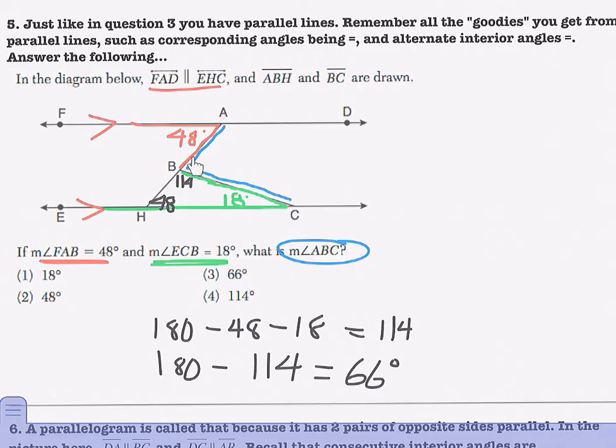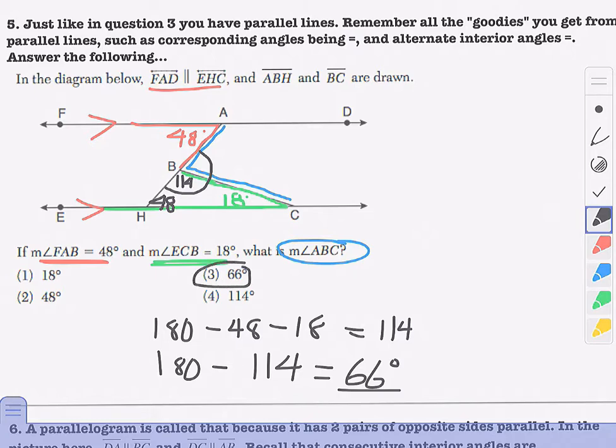I'm looking for the blue angle. The angle in black, 114, helps me figure the blue because these together form a semicircle or form a straight line of 180 degrees. Even drawing in those semicircles is a good idea. Always be on the lookout for linear angles. That's how I determined the answer was 66 degrees.